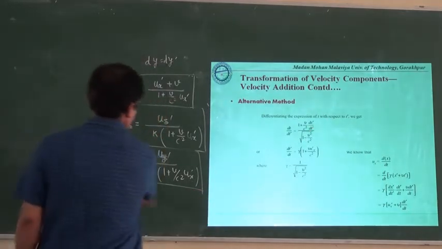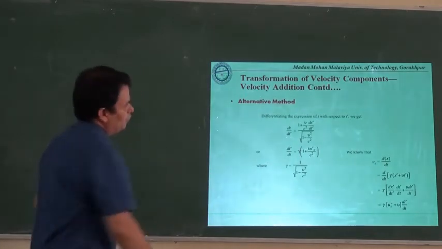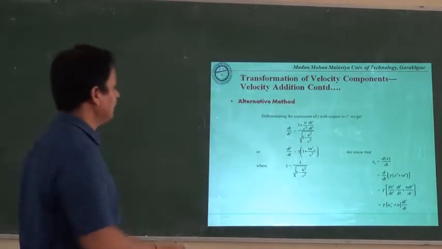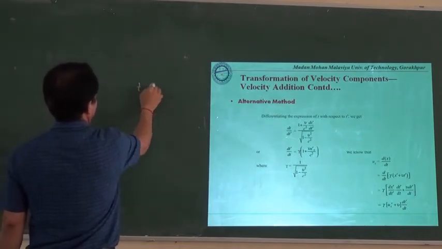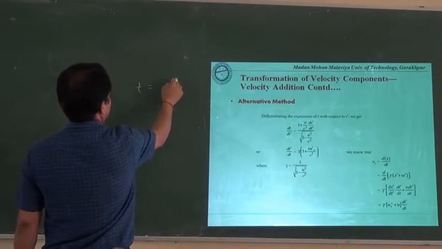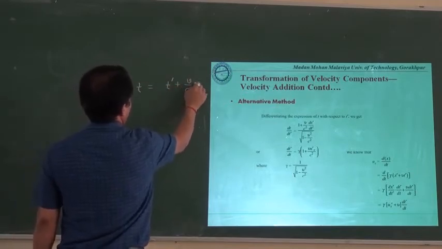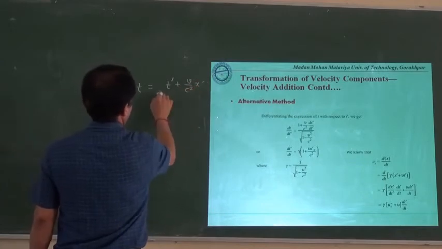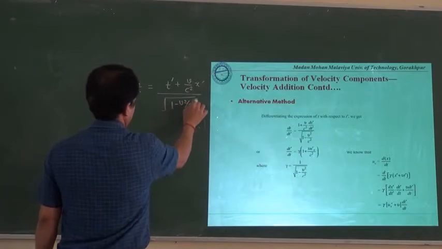In this way, similarly you may see it, because one step, the first step, is missing here. If we are writing the relation between t and t dash, then obviously from the inverse Lorentz transformation we will write t dash plus v upon c square into x dash divided by under root 1 minus v square upon c square.